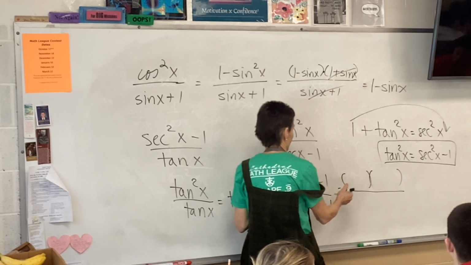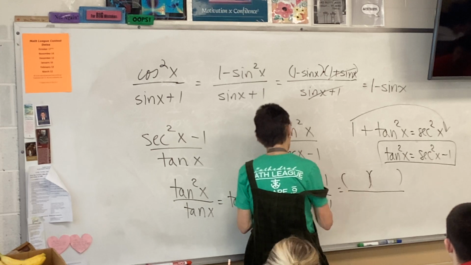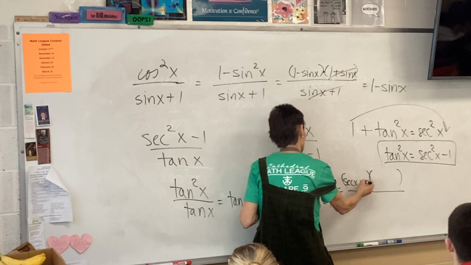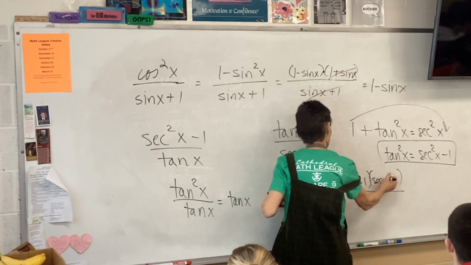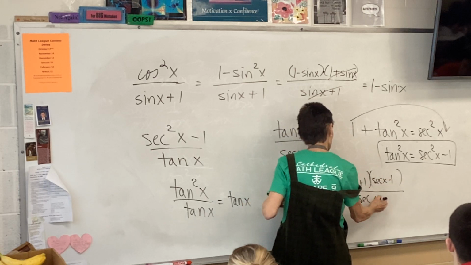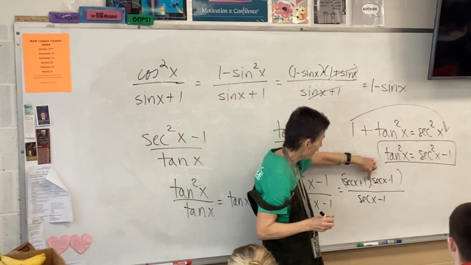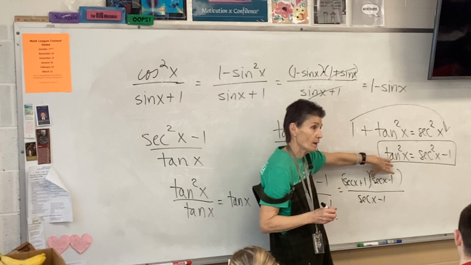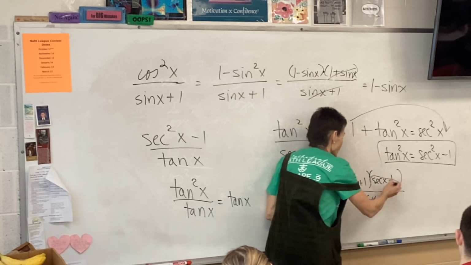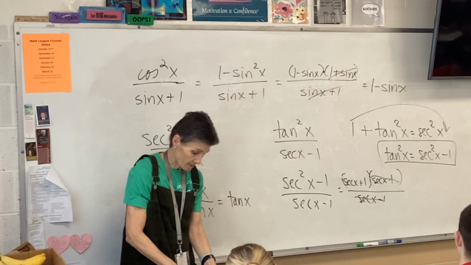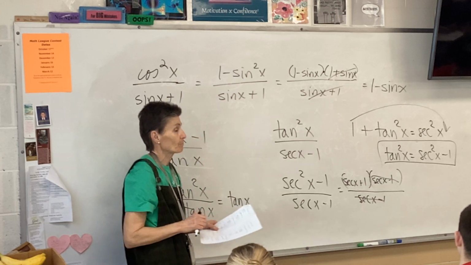Secant plus 1, secant minus 1. Yep. And then since I now made it secant plus 1 times secant minus 1, now I can cancel. And the answer to the problem is just secant plus 1.